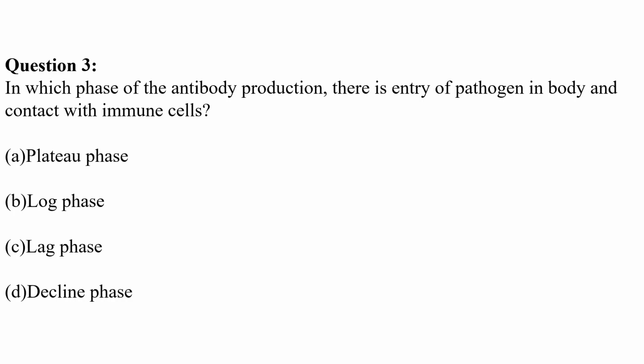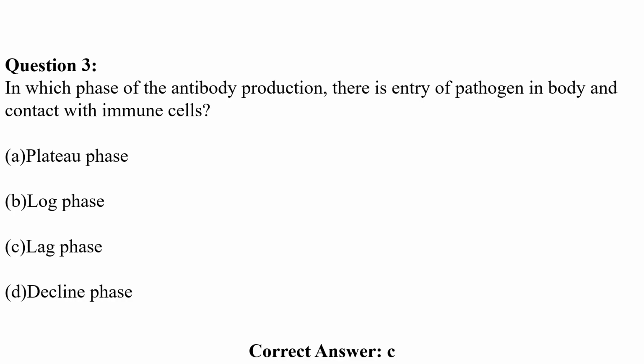So we have four phases during antibody production: lag, log, plateau and decline phase. During the lag phase, which is the first phase, we have the introduction of the antigen to the immune cells.